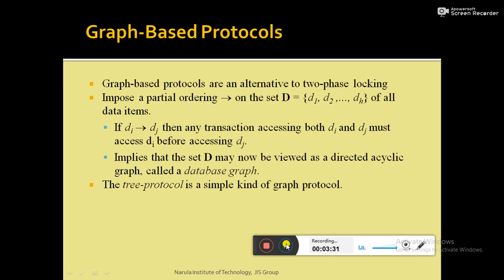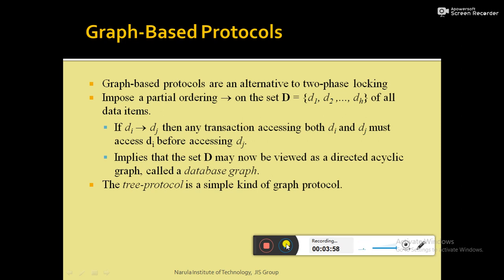Suppose multiple data items are going to be accessed by a transaction, but here we need the order by which the transaction is going to access all these data items. So this ordering is very much important. This additional information is required to implement the graph-based protocol. If this additional information is not there, then we cannot implement the graph-based protocol. Then we have to use the two-phase locking protocol.